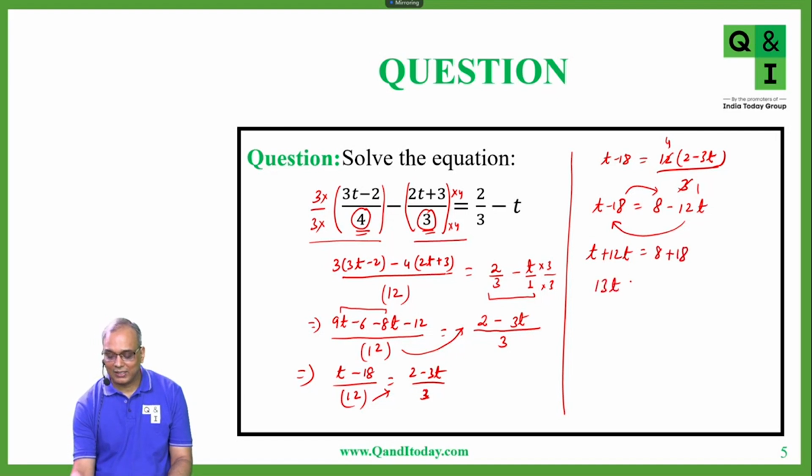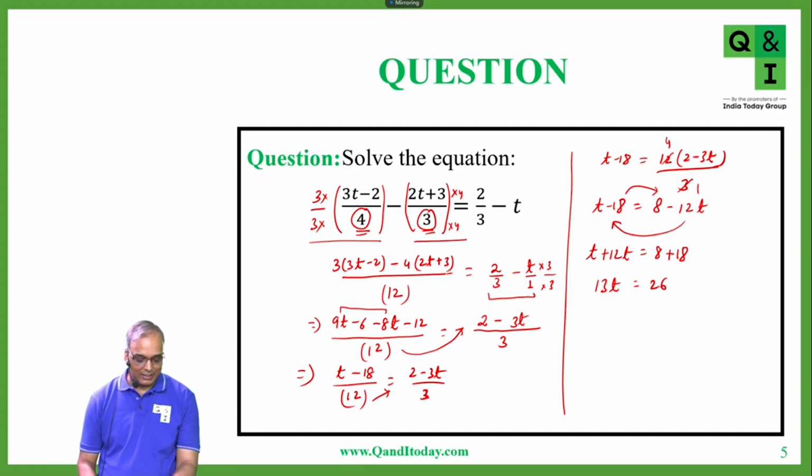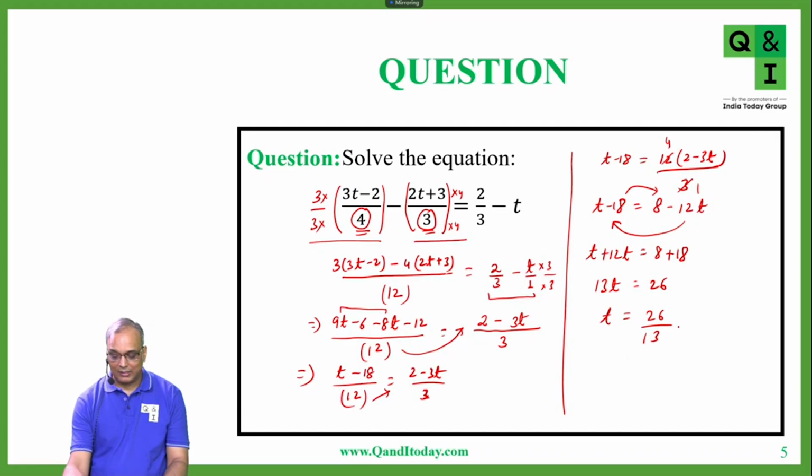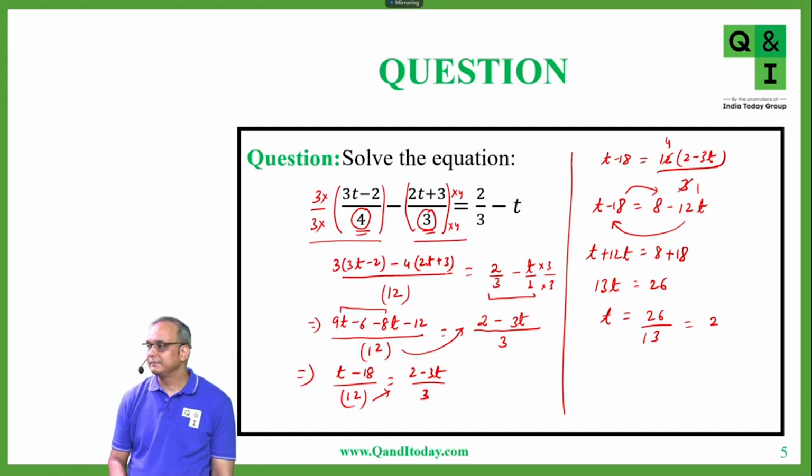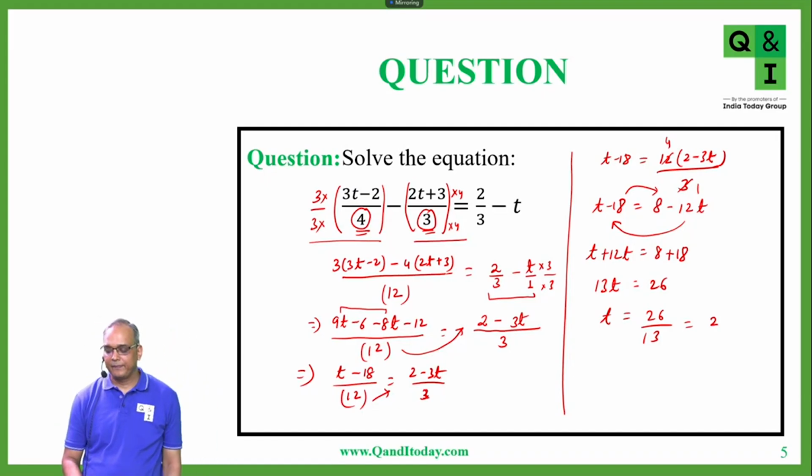So we have 13t is equal to 26, right? So that means t is equal to 26 over 13, which is equal to 2. Is this clear, students?